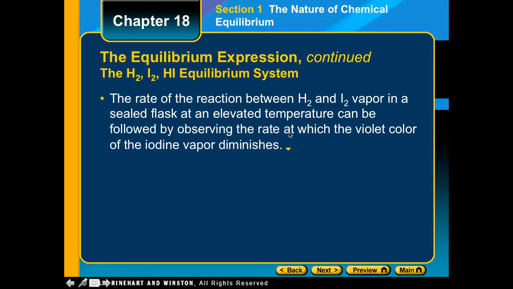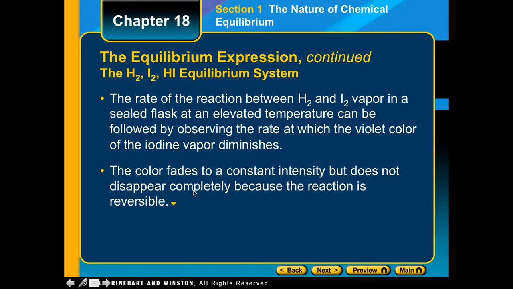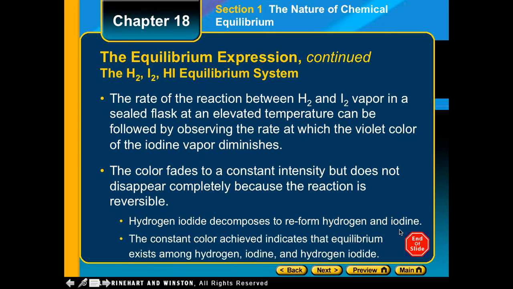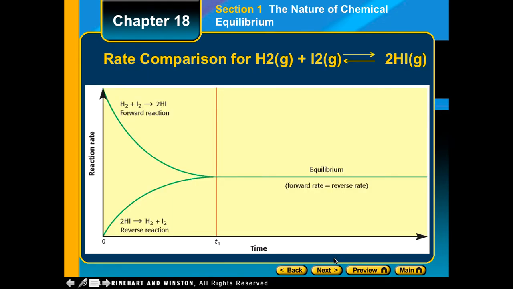The iodine vapor has a violet color, and this color diminishes as long as the reaction between H2 and I2 proceeds. The color fades but does not disappear completely because the reaction is reversible. So hydrogen iodide decomposes to reform hydrogen and iodine. The constant color achieved indicates that equilibrium exists among hydrogen, iodine and hydrogen iodide.